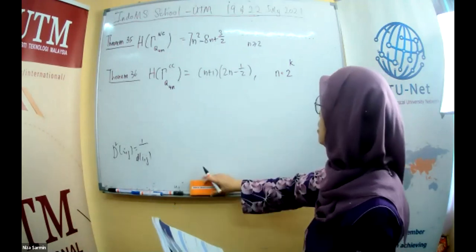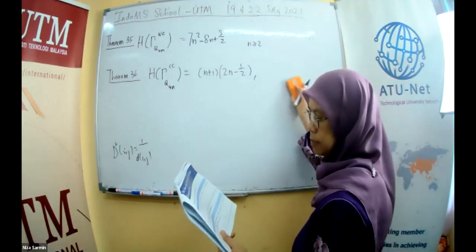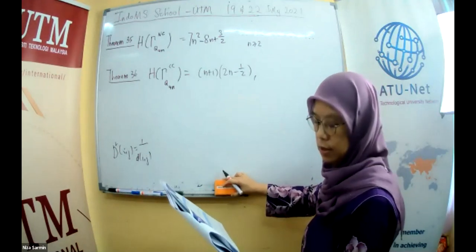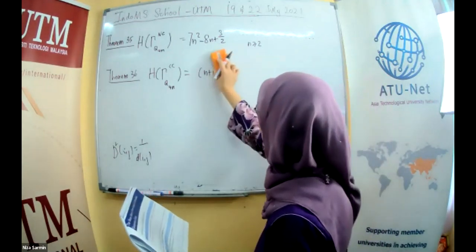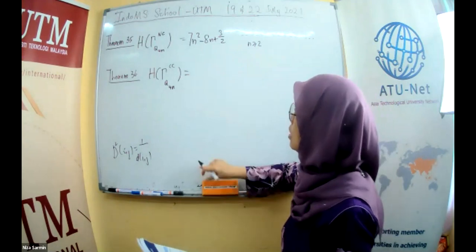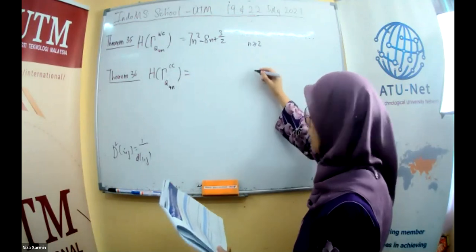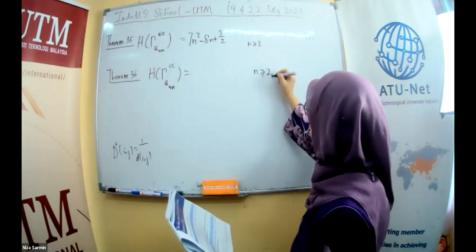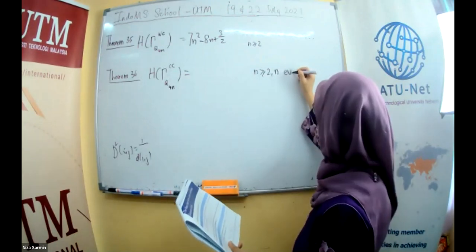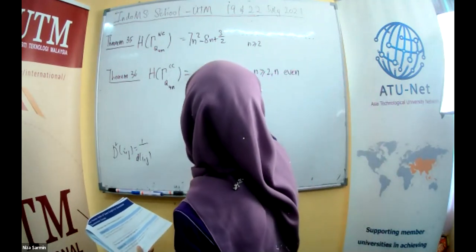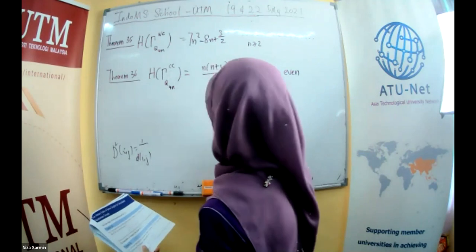For this one, we want non-commuting. I have that. Okay. This is for the conjugacy class graph for the generalized quaternion group, n bigger or equal to 2 and even. And this is equal to (n plus 1) over.